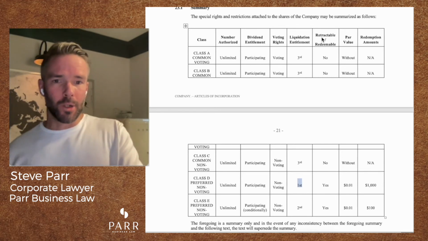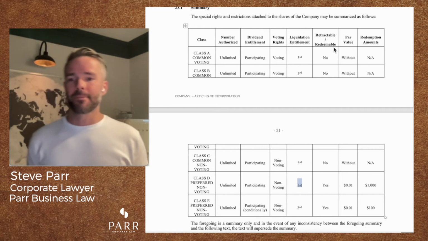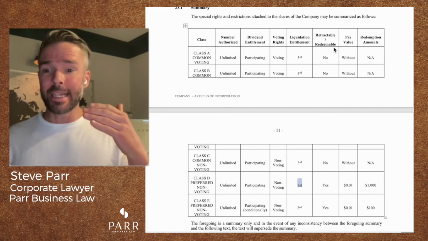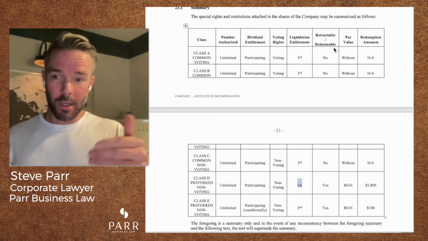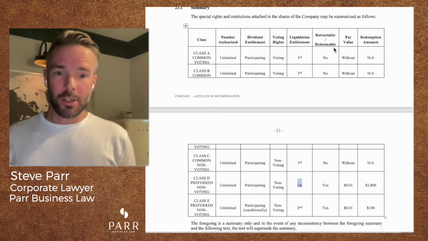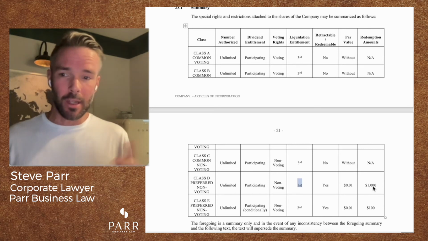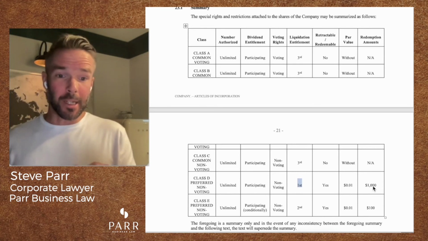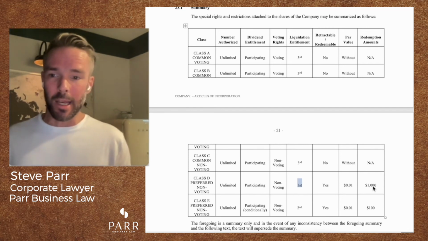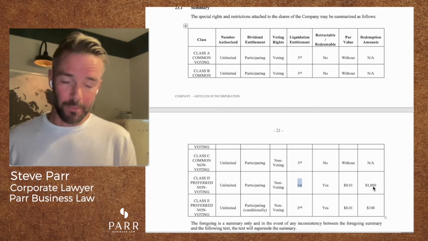So going over to this next column here, retractable versus redeemable. What does that mean? Okay, so redeemable means that the company, at its discretion, can repurchase the shares of the shareholder. So if we've got 10 Class D shares that have been distributed, the company can go along and say, hey, Class D shareholders, I am issuing you a notice that I am going to repurchase your shares for the redemption value.